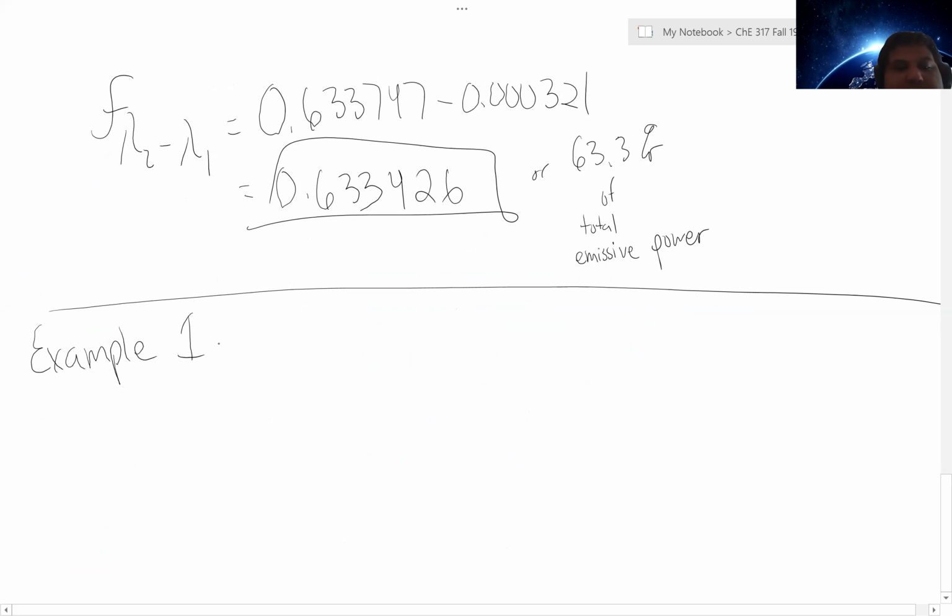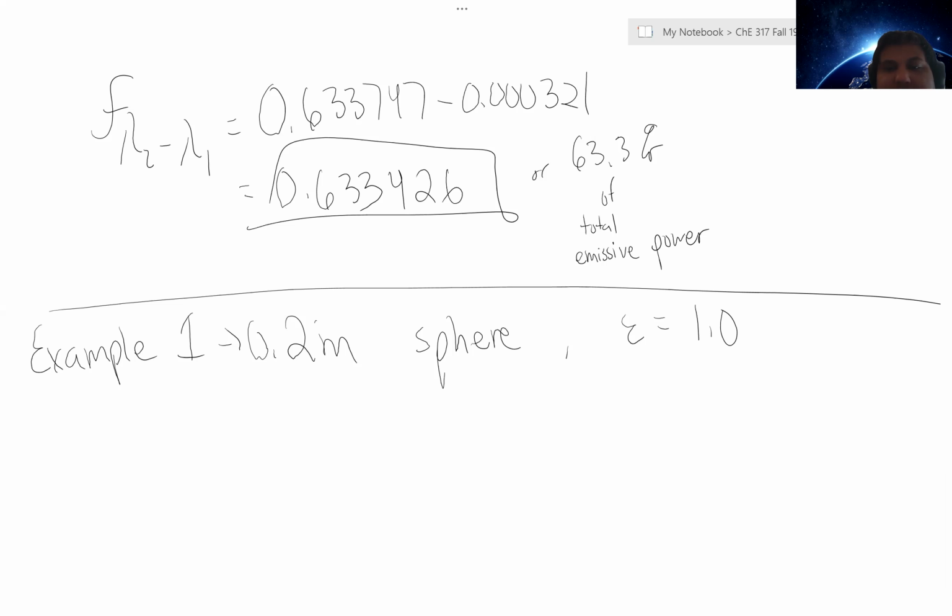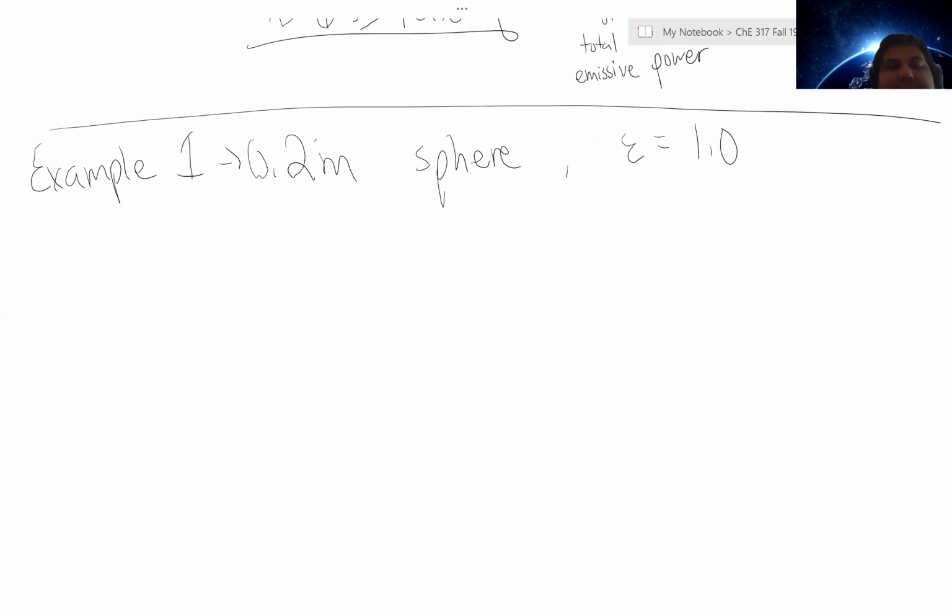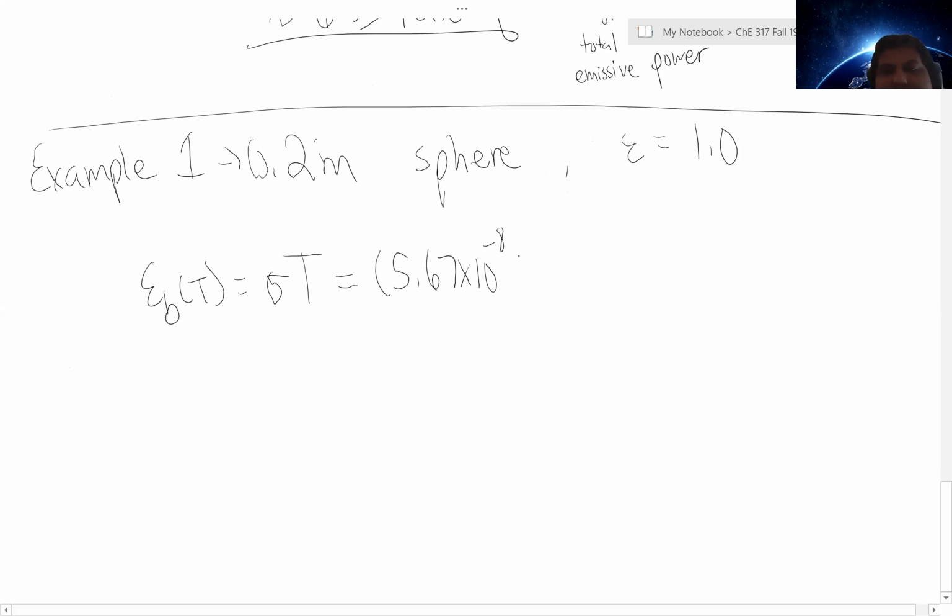So example 1, we have a 20 centimeter, or say 0.2 meter sphere. It's a black body, so its emissivity is 1. So we're looking for the total emissive power. Our E_b is simply sigma times T, or 5.67 times 10 to the minus 8 watts per meter squared Kelvin to the 4th.